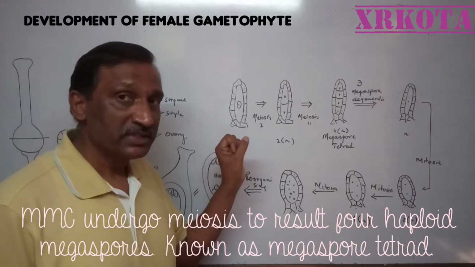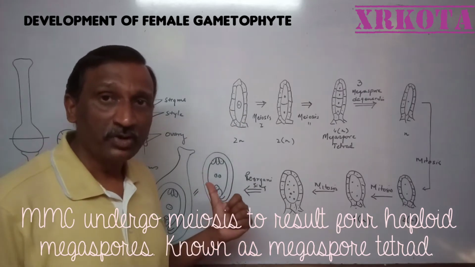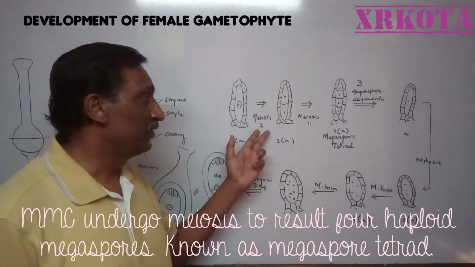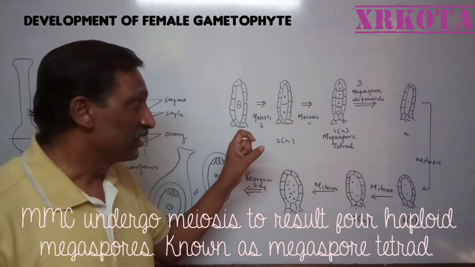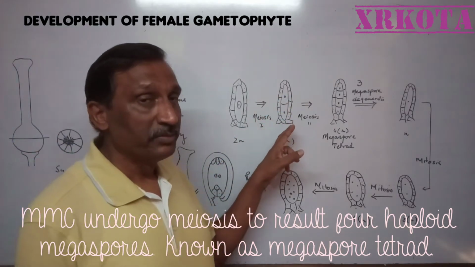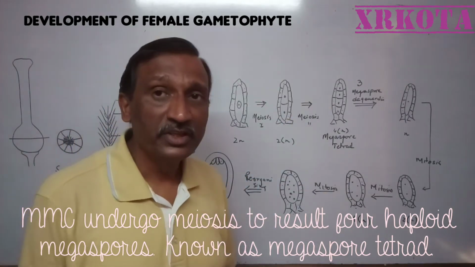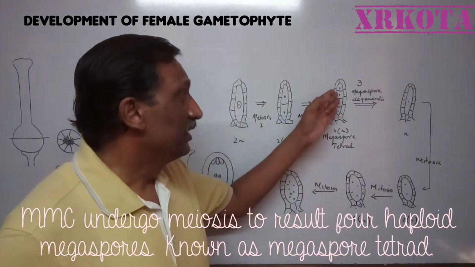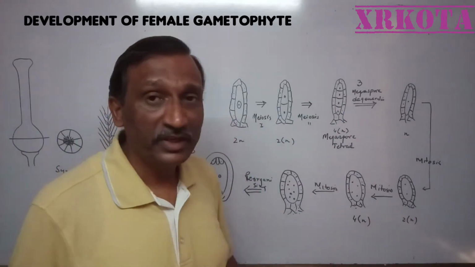The megaspore mother cell is diploid and has to produce a haploid gametophyte, so it undergoes meiotic division. The first meiotic division results in the formation of 2 haploid megaspores, and then the second meiotic division takes place soon after, leading to the formation of 4 megaspores, called the megaspore tetrad.